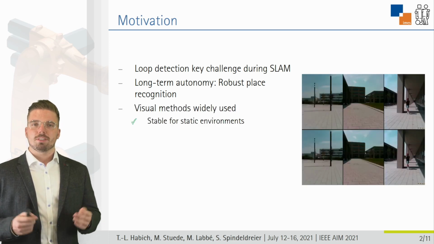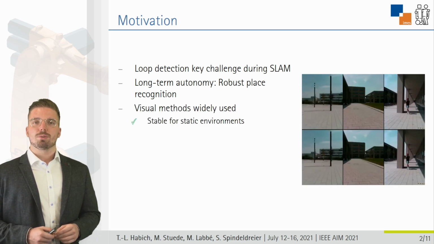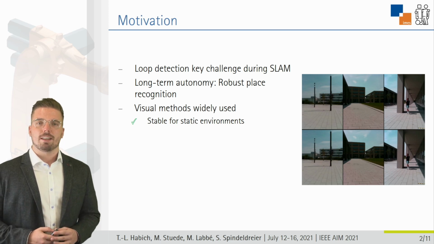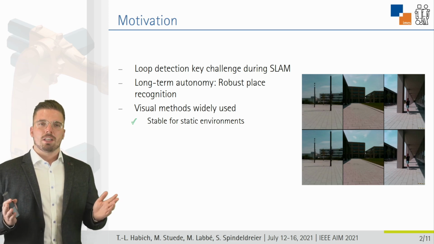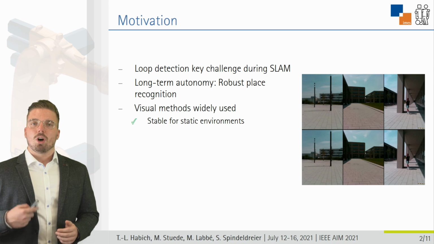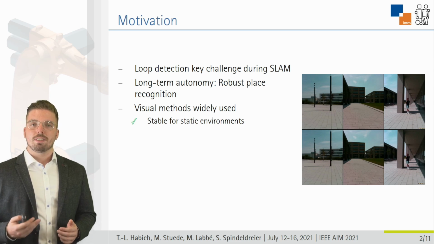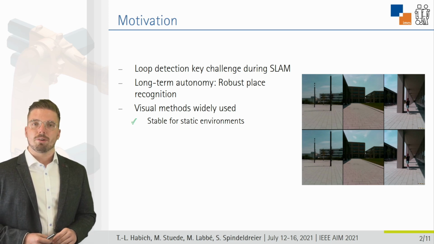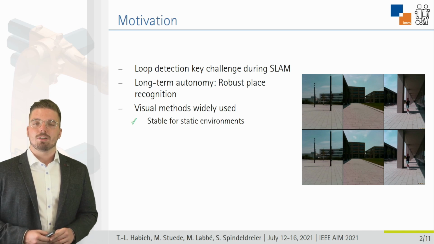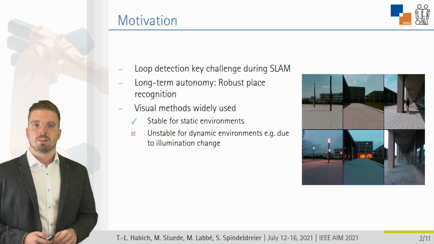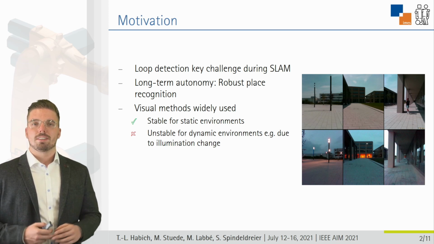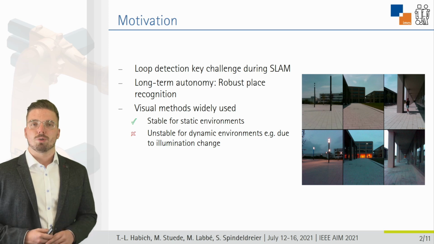For this purpose, visual methods are widely used and are stable for static environments. However, the reality is dynamic. Objects move, seasons influence the appearance of the surroundings, and, depending on the lighting, images of the same scene differ. In these situations, visual methods are often not robust.